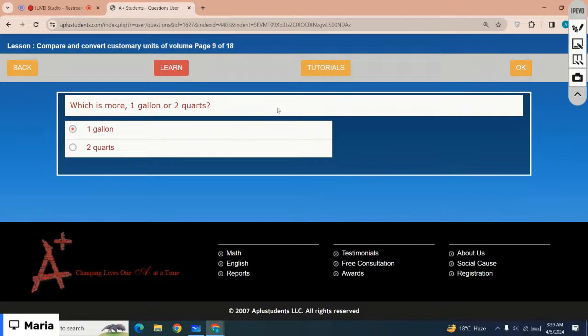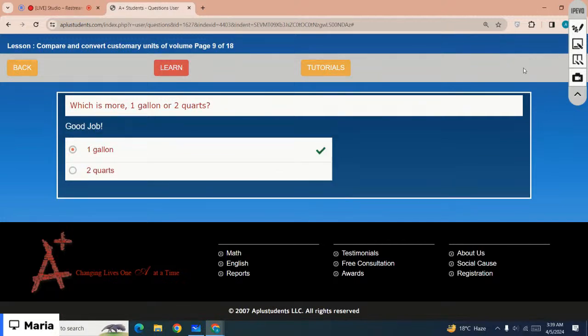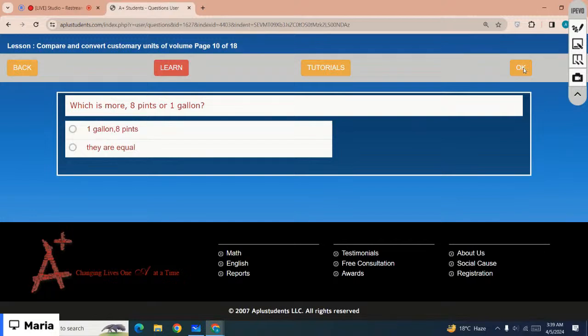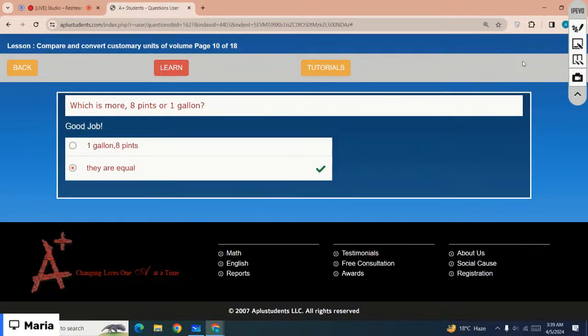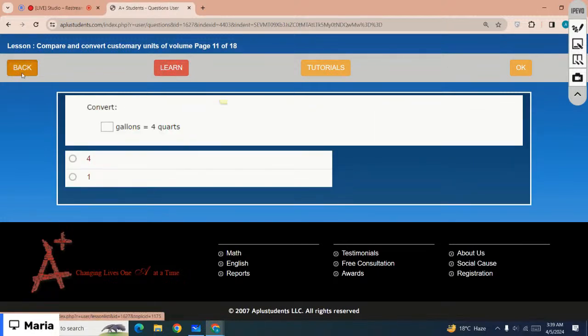So 1 gallon is more than 2 quarts, right? Which is more, 8 pints or 1 gallon? They are exactly equal, because in 1 gallon you have 8 pints. Okay, you can complete the lesson by yourself later today.